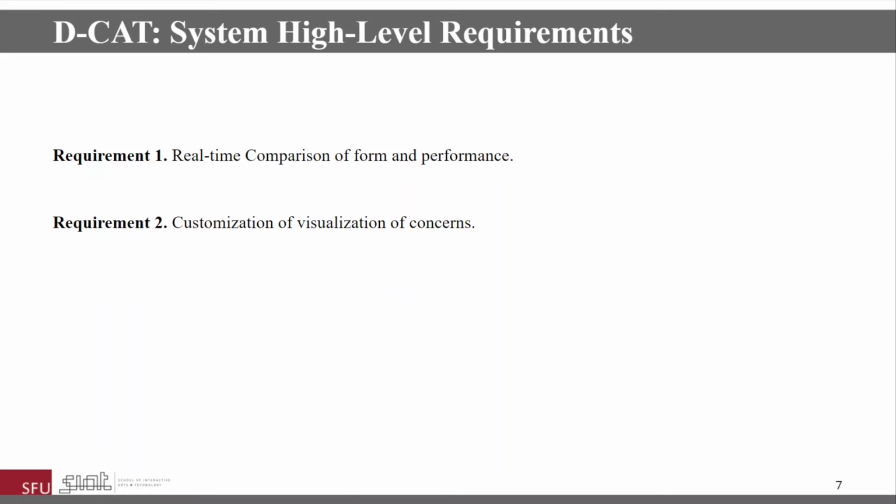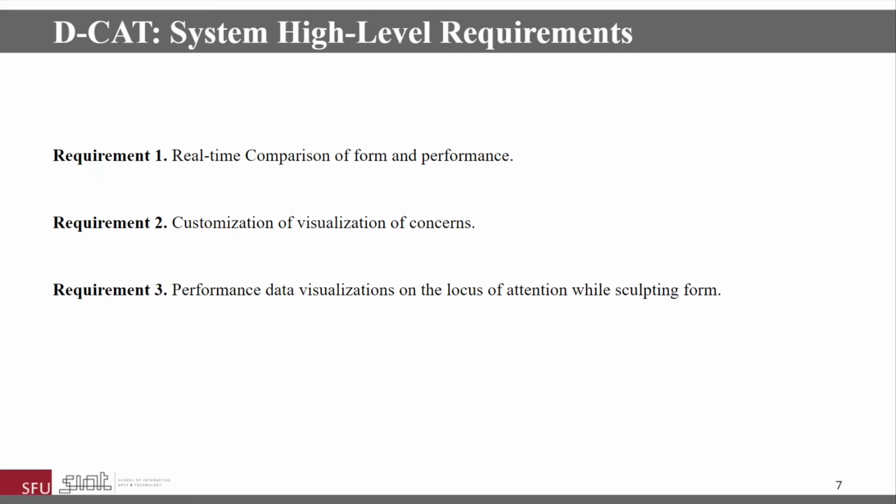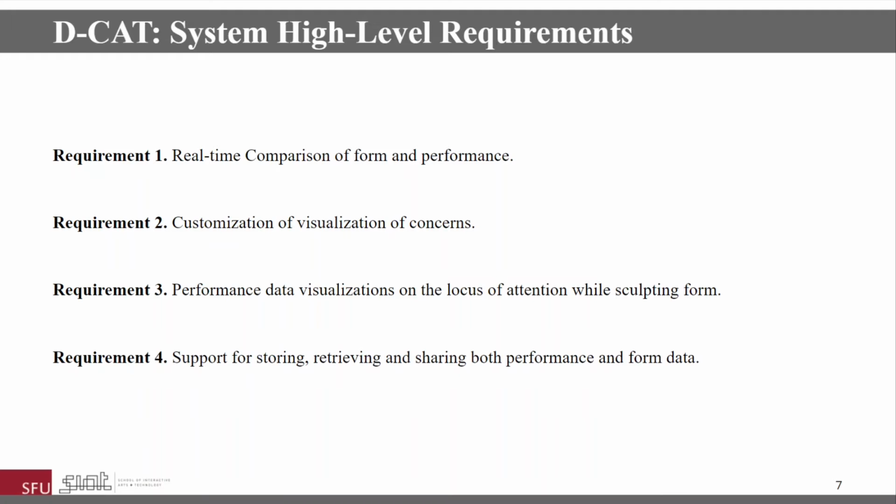It also enables customizing visualization of concerns such as including or excluding data, selecting visualizations, toggling performance parameters on or off to compare ordering design options, and so on. The system allows exploration in the modeling tool while keeping visualization on the locus of attention. And finally, it provides support for storing, retrieving, and sharing multi-state design form and data in the modeling systems.